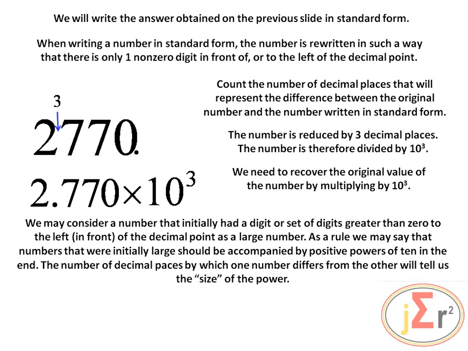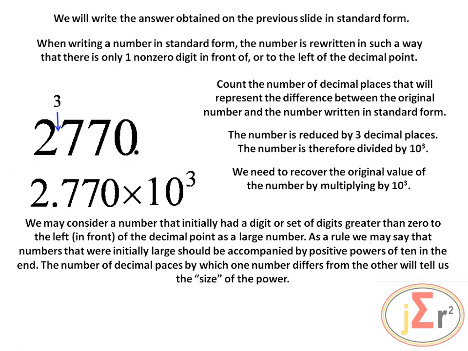The number of decimal places by which one number differs from the other will tell us the size of the power. So this is a large number because we have non-zero digits to the left of the decimal point. It is large. We are sure that the power will be positive. So we are sure of the sign already.